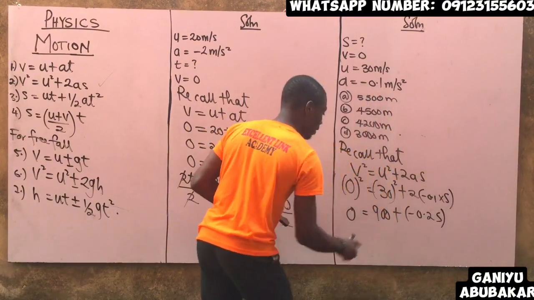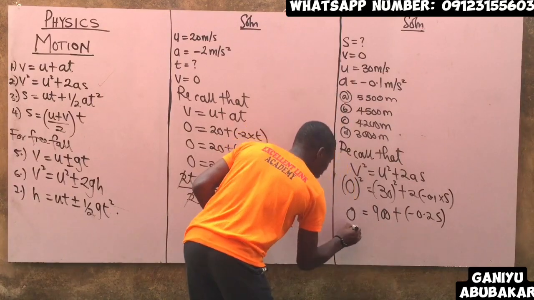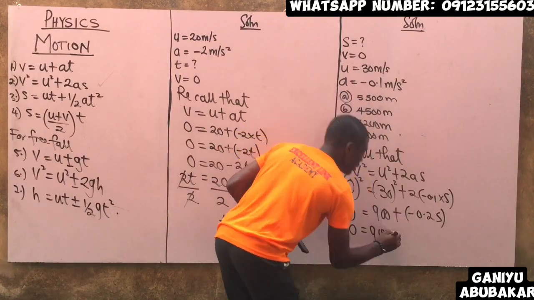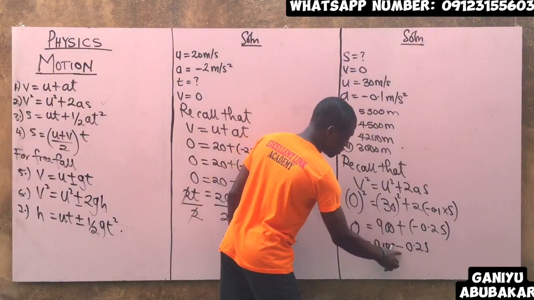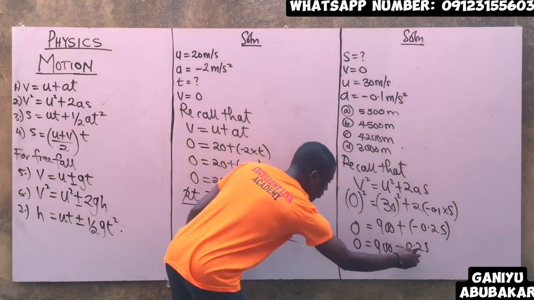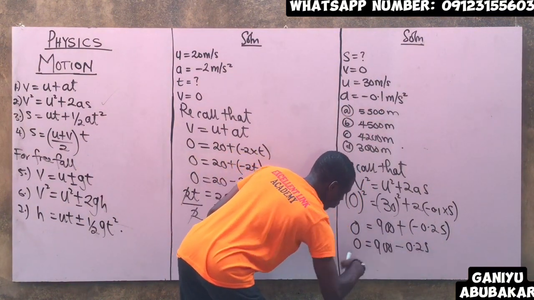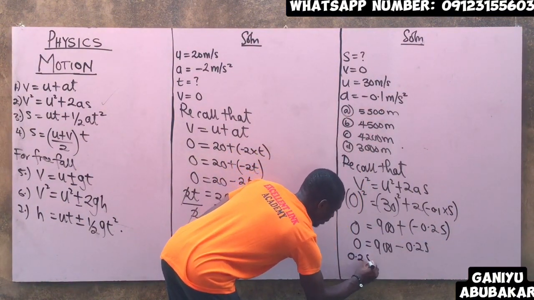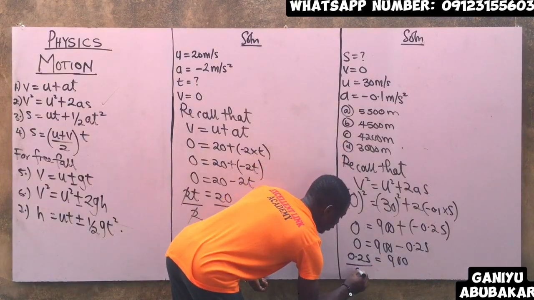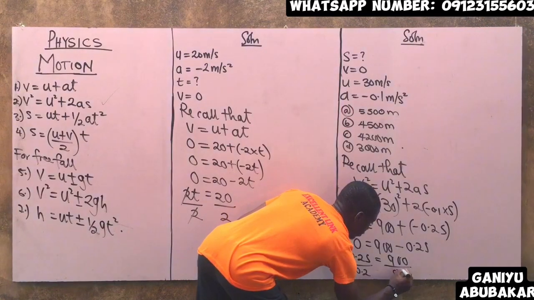So from here, if I expand this, I'll have 0 is equal to 900 plus minus is minus. So take this one here. If minus 0.2s comes across, it becomes 0.2s being equal to 900. Divide here by 0.2, divide here by 0.2.